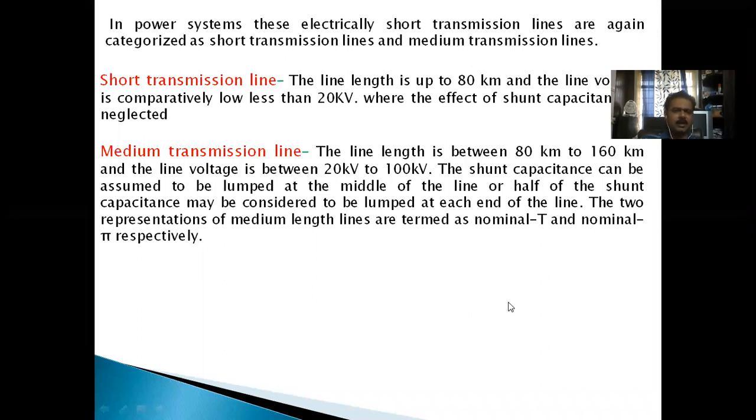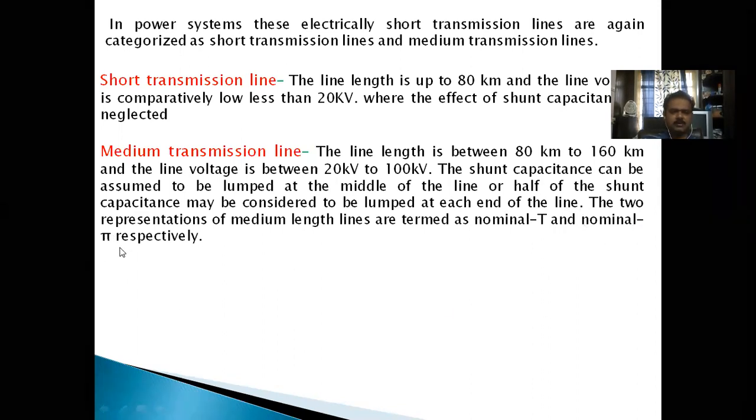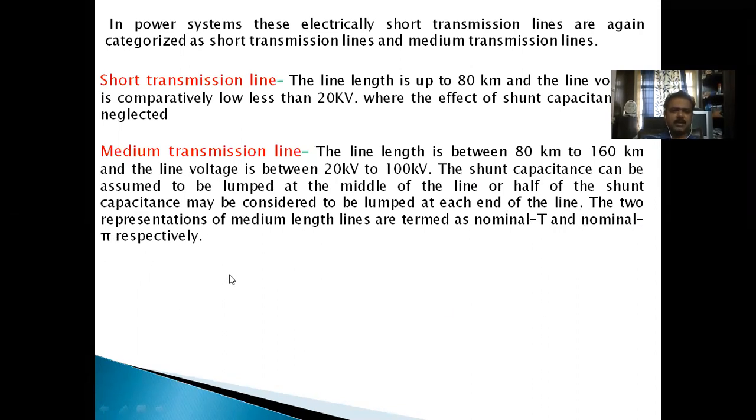If we consider the shunt capacitance as a lumped value at the midpoint of the line, that is termed the nominal T model. If half of the same shunt capacitance is connected at the receiving end, and half at the sending end, that model is termed the nominal pi model.